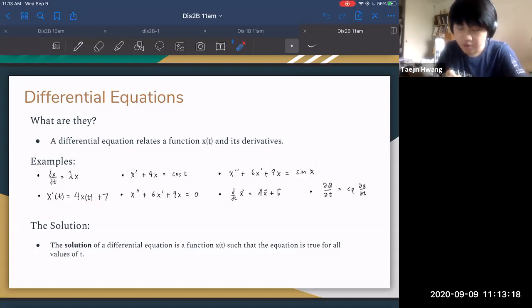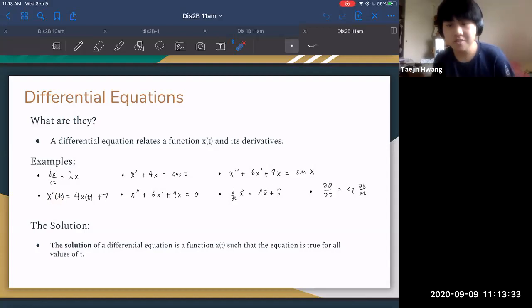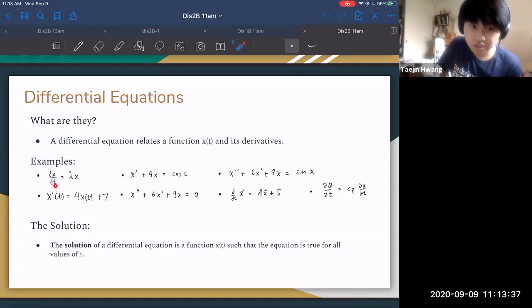And I think some people like to use certain notation over the other for differential equations, like dx dt is one way to write the derivative. X prime is another way to write the derivative. And I know some other people like to use x dot, but as a whole in this class, we're going to be mainly sticking to dx dt. And if I want to use shorthand, I'll use x prime.